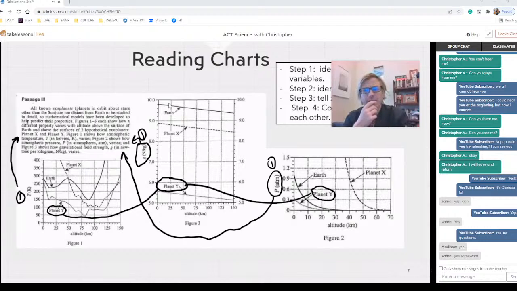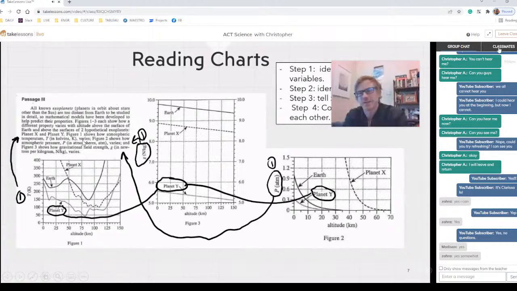But then there's another variable on the y-axis I don't know. It's P. Well, I'll probably look around where they gave me the T definition. In this case, it says P is atmospheres. So hopefully you guys see where it says atmospheric pressure.